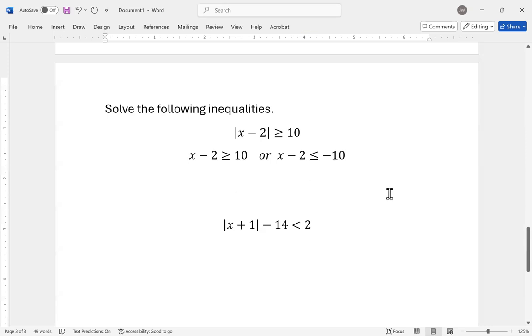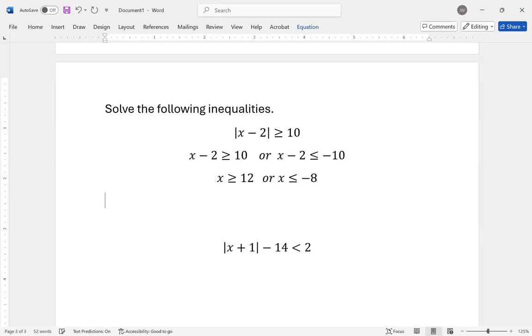Now we can add 2 to both sides, giving us two different inequalities. x is greater than or equal to 12, or x is less than or equal to negative 8.